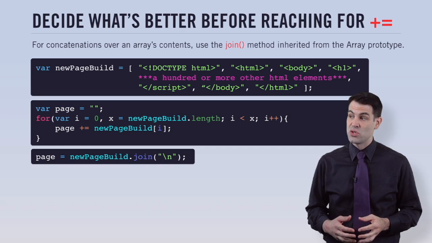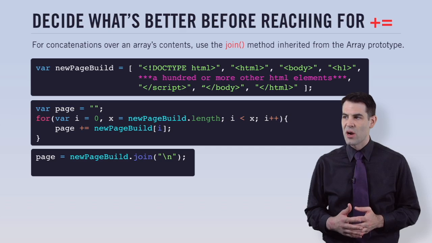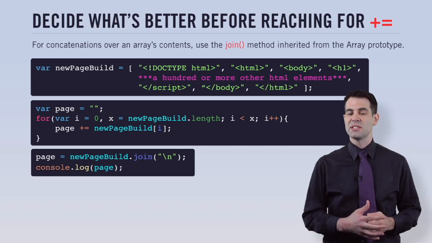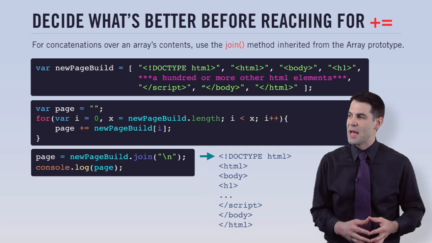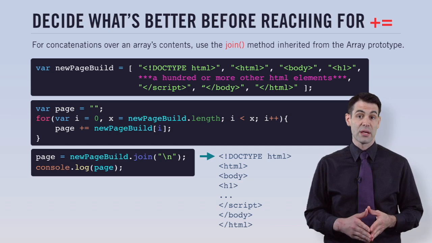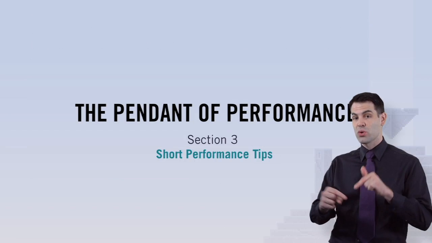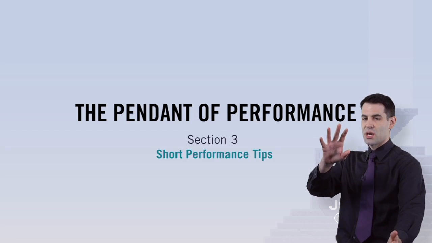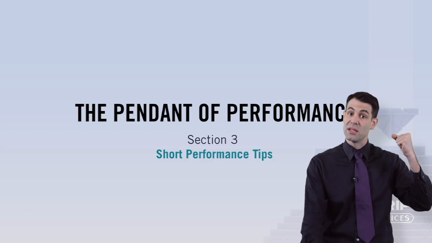Now that we have joined all the elements of our array using new lines and put that into our page variable, if we were to log that page out now, you can see that our HTML page is grouped very nicely with new lines in between as one long string. Super cool. And that's the end of this short performance tips section. We're going to give you a few challenges so you can illustrate your learning with these magical things, and then we will see you back in the next section.